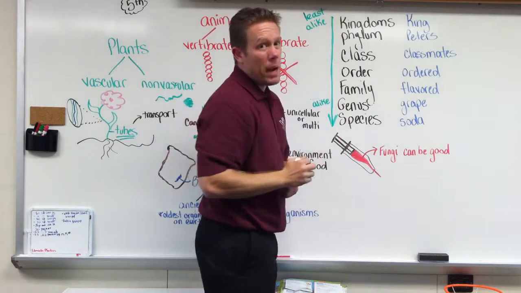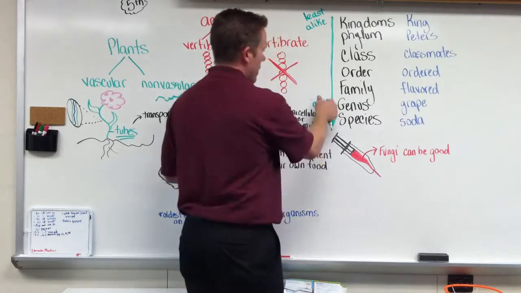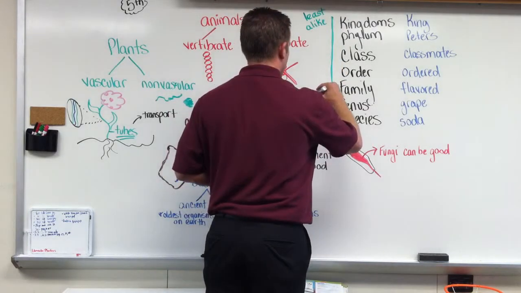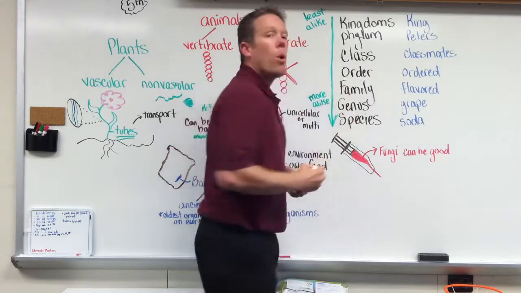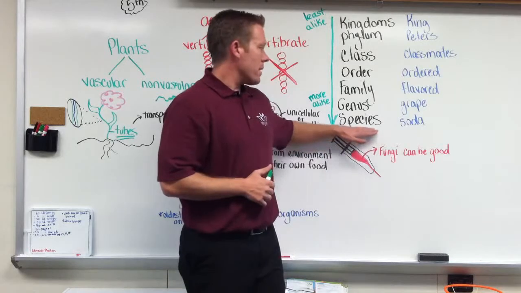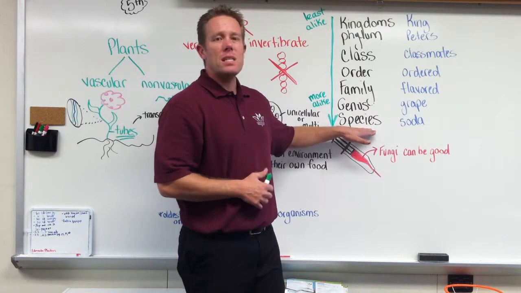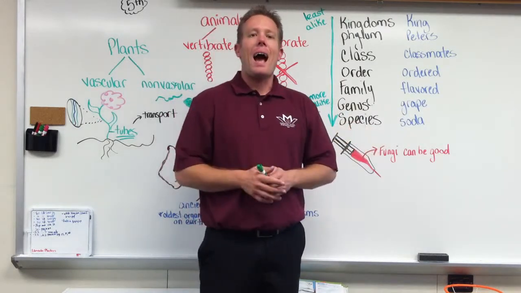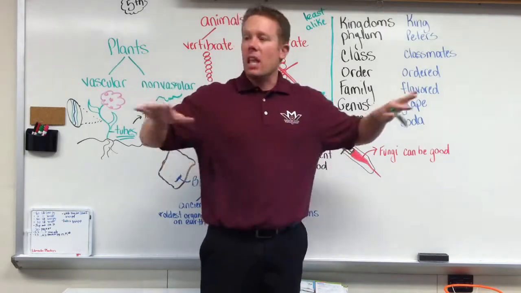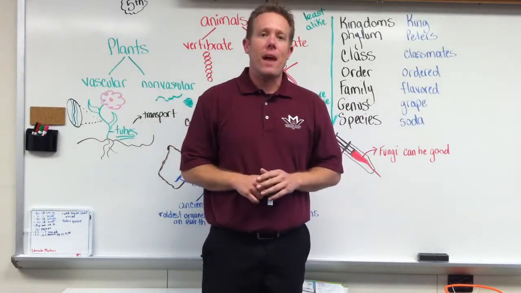A horse and a spider do not have very much in common. The more that you go down, the more alike each animal becomes. By the time that you get down to the species, the only thing that you're going to have is an animal that looks exactly like all the other animals in that group.